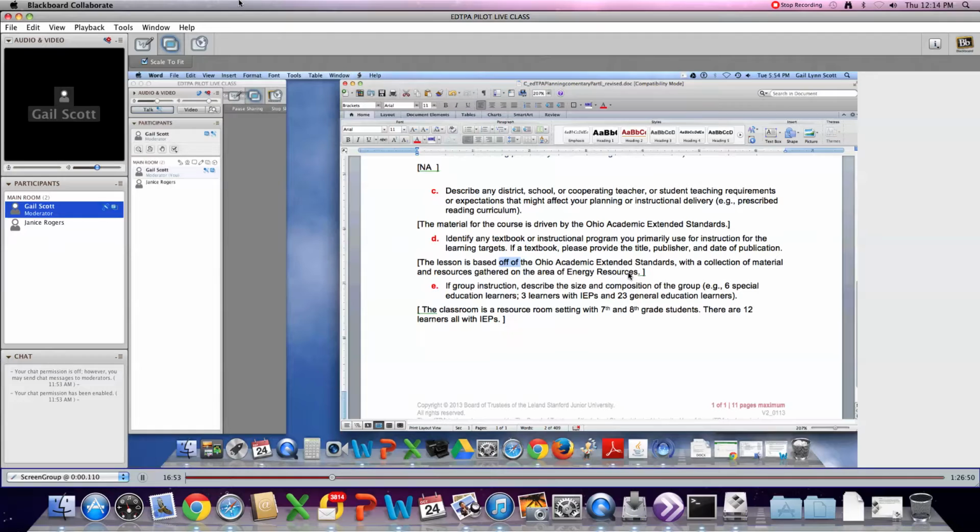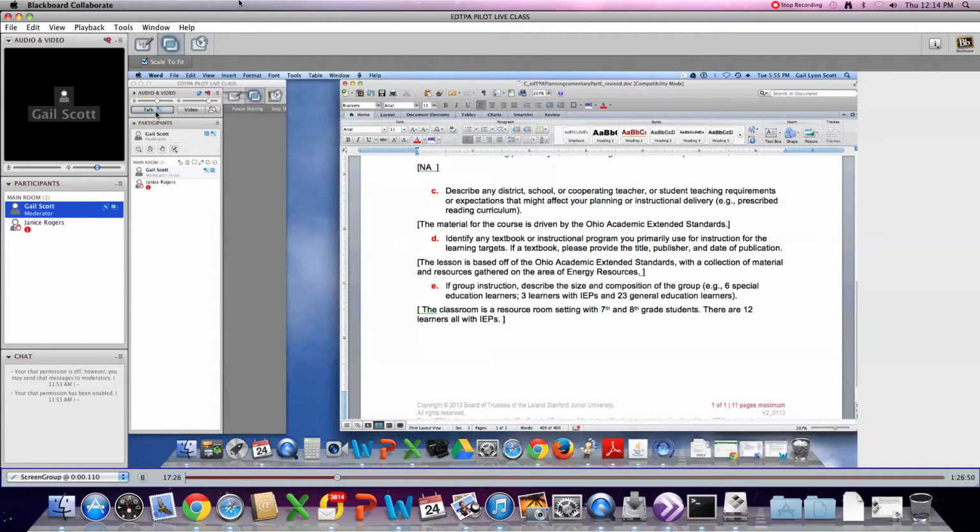A variety of internet and, you know, any science examples or materials or units or textbooks that were used for energy resources. She should have been a little more specific there. Okay, is it just teacher-made materials, or is it all materials collected from the internet? Okay. Then part E, if group.